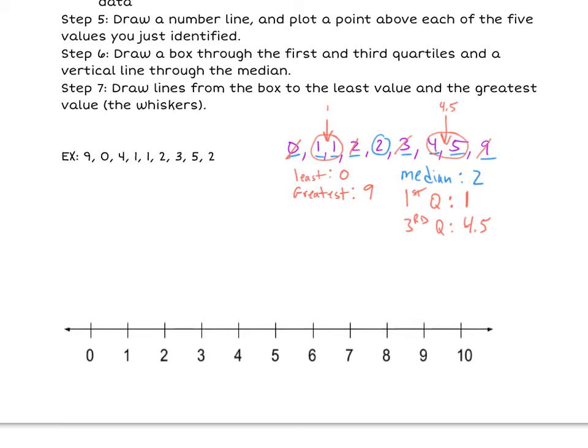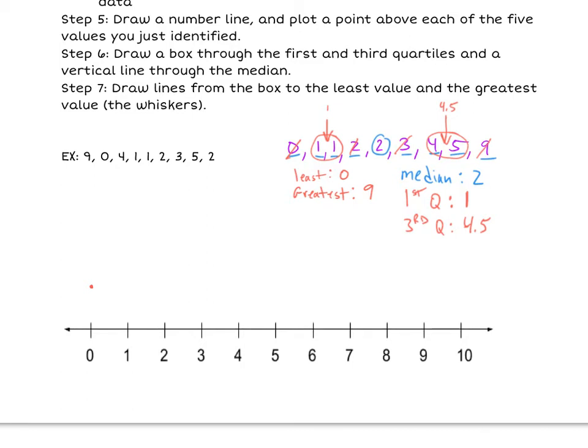So we're going to take all these numbers that we just found, and we're going to plot them onto our number line. Your smallest number is 0, so we'll just put a little dot there. I'm going to do it above this, so my lines don't get mixed up with my other ones.